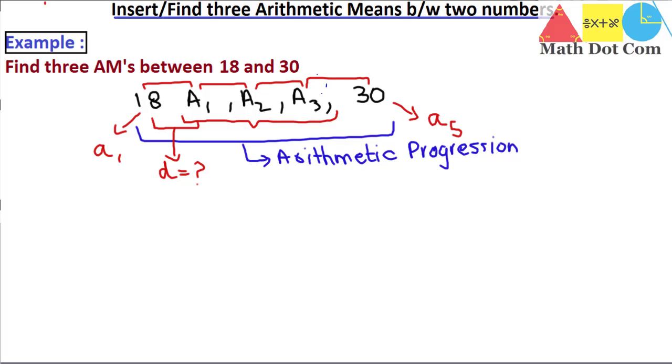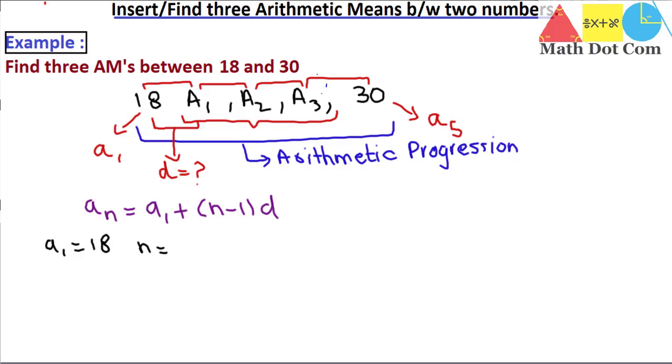So let's find it. As we know, the formula for the nth term of the arithmetic progression is An equals A1 plus (n minus 1)D. From the given values, we have A1 equal to 18. We also have n. What is n?